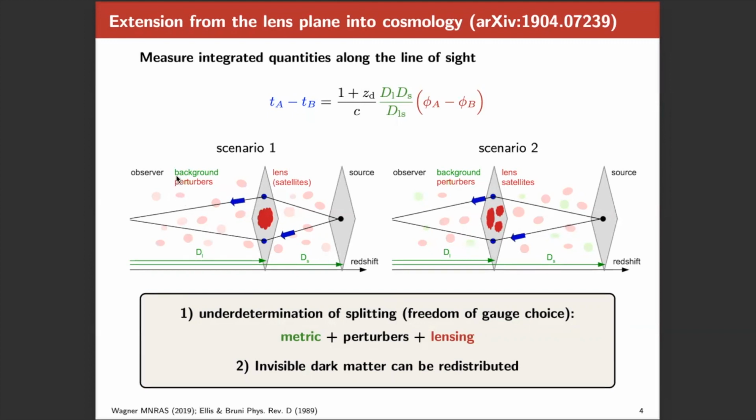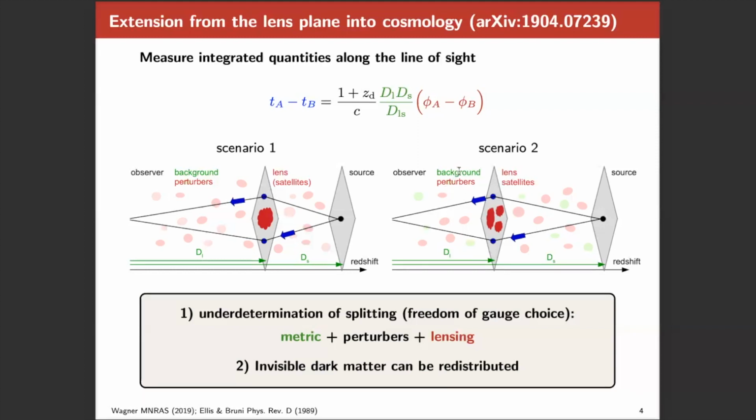On the one hand, we can assume a ΛCDM background cosmology and then put perturbers along the line of sight in this lensing potential, which now gets a bit more complicated because it also includes line of sight perturbers or even satellites close to the lens plane. We can now make our life easier in terms of the lens by including part of the perturbers into the background metric.